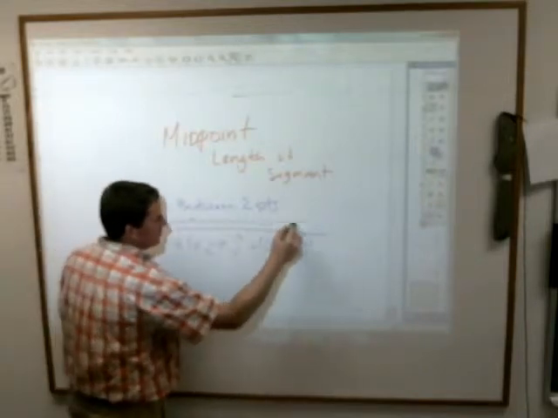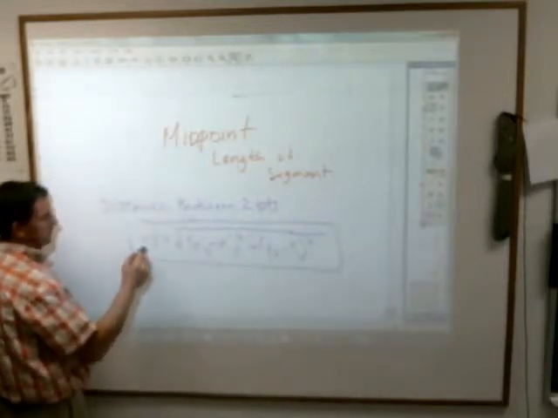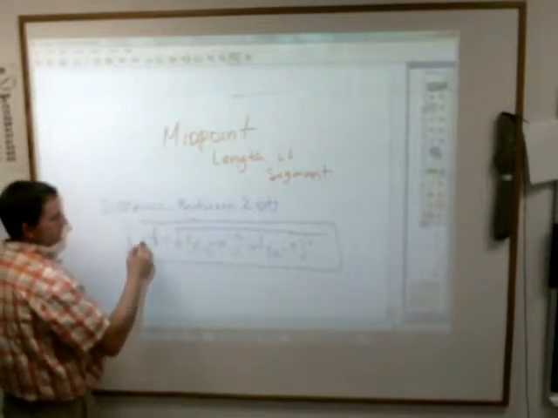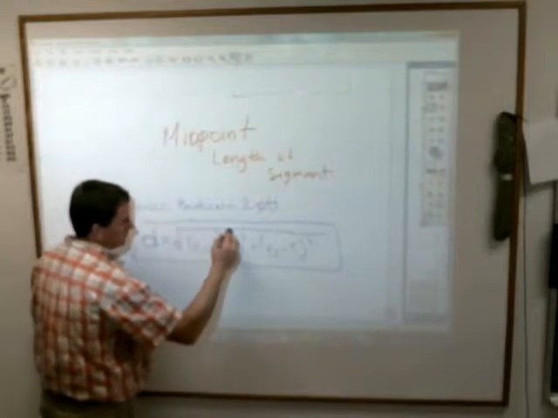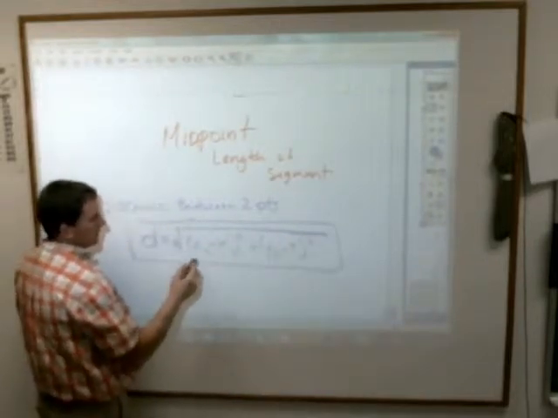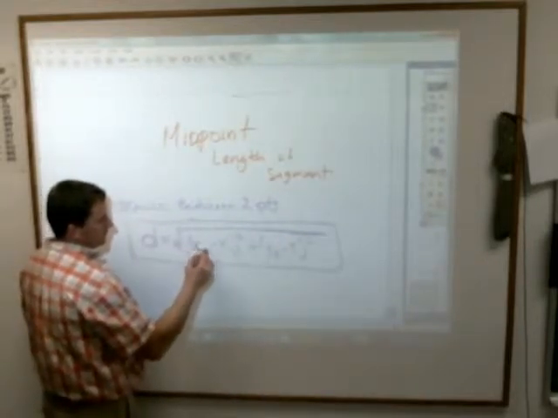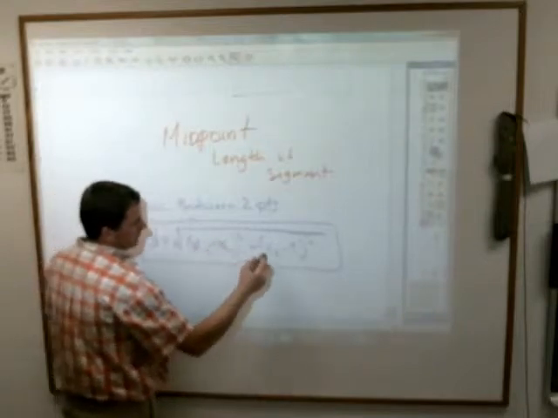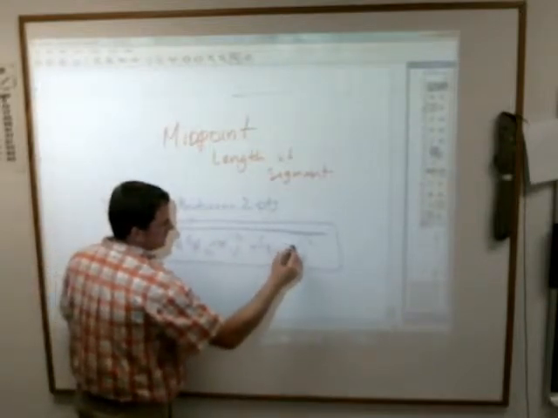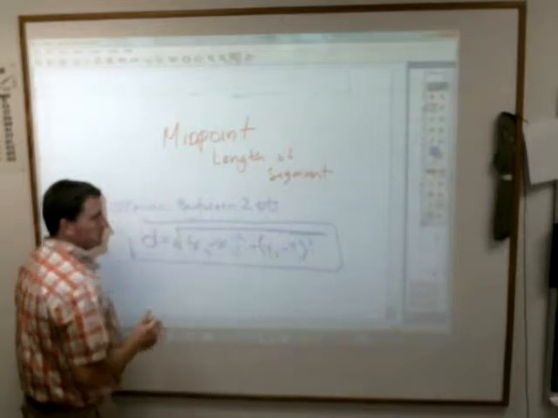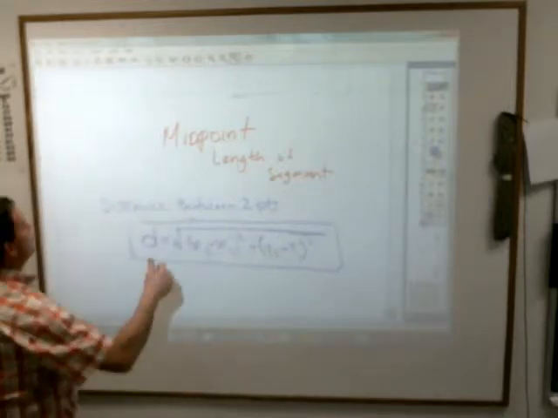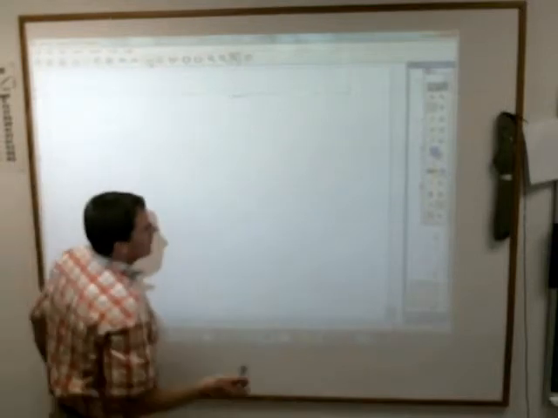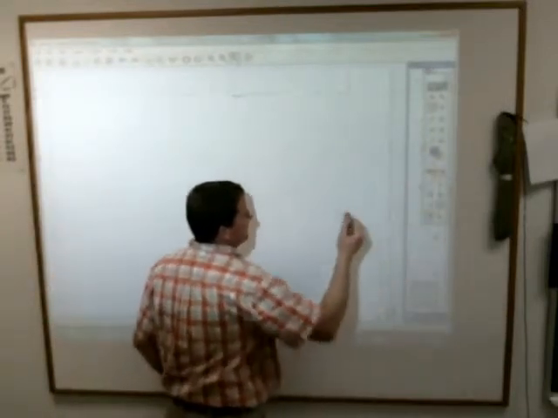And I might even be able to show you where it comes from. Curious minds want to know. So here we go. Take a look at this. What they're saying is this.